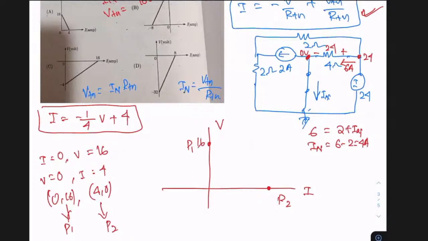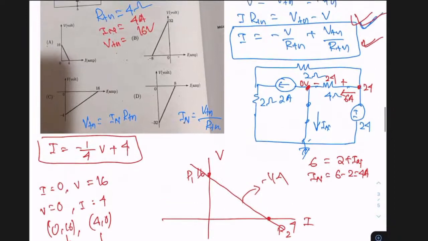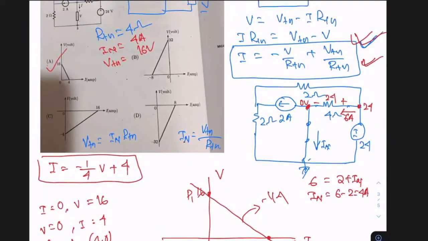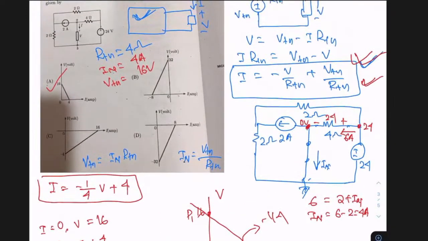So if you draw this, this is how it will look. And this line's slope is minus 1/4. Okay, and if you check, this is matching with option A. So that is the right answer.